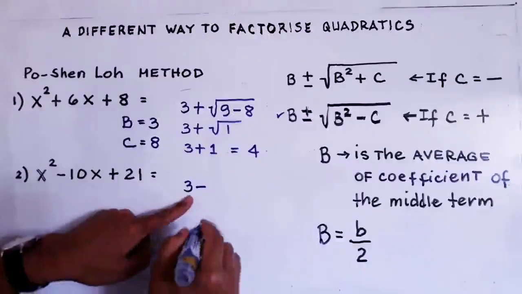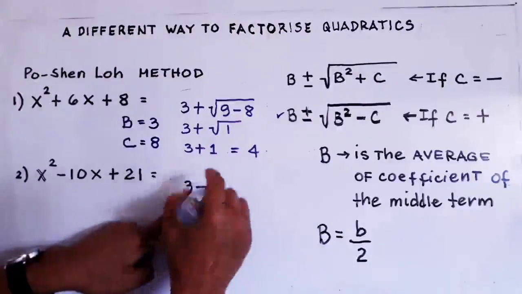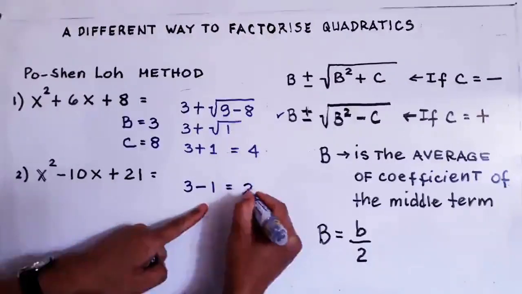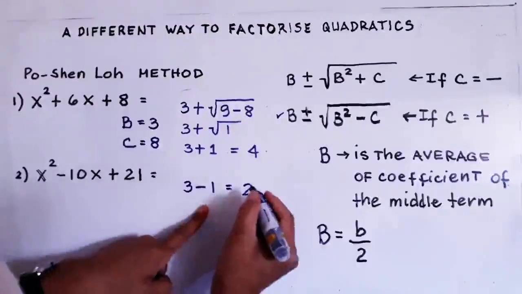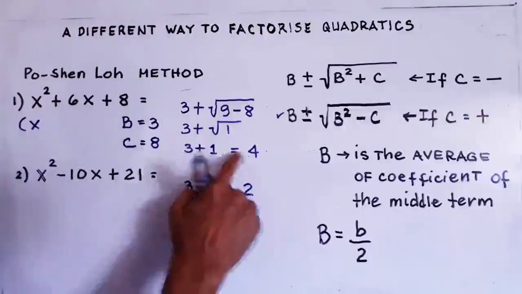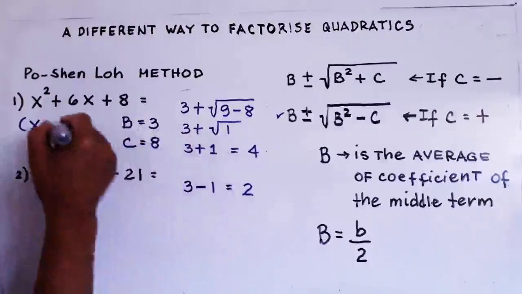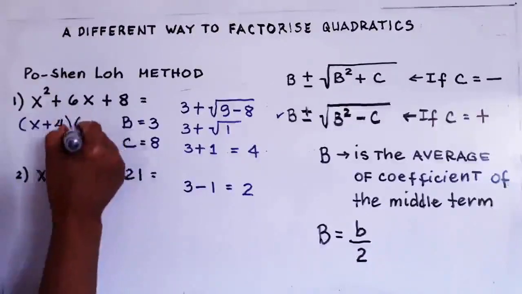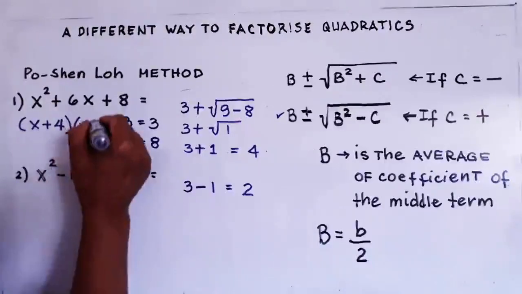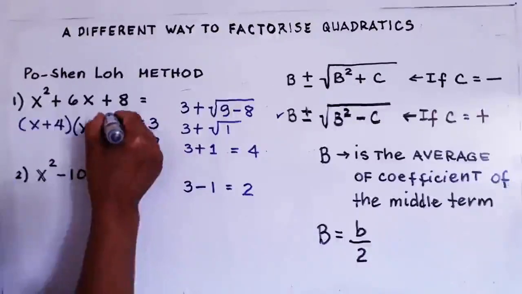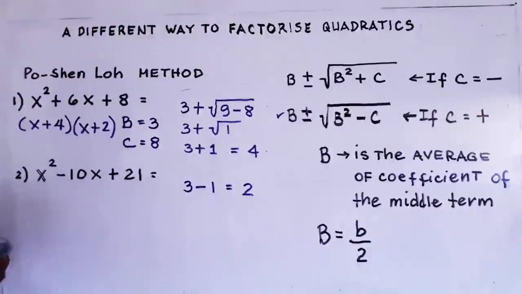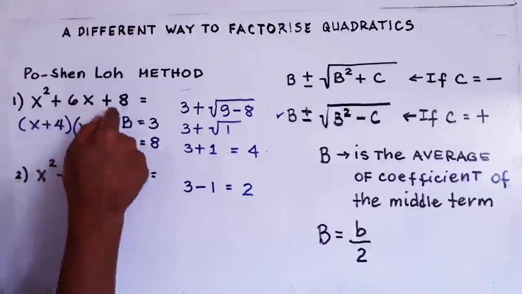Then the next one, 3 minus 1 is equal to 2. So in our factors, we have x, because that one is positive, we write positive here, and the 4. And then x again, and this one is positive 2, so we write 2 here. x plus 4 and x plus 2 are the factors of x squared plus 6x plus 8.